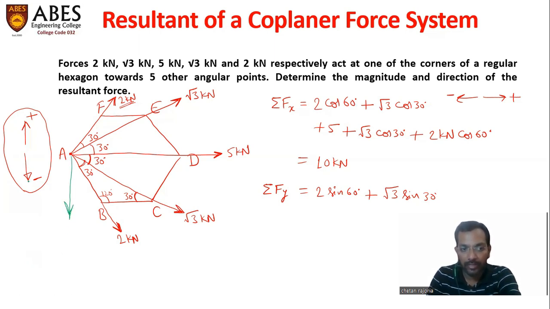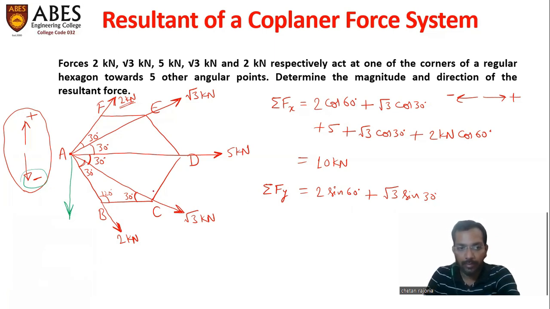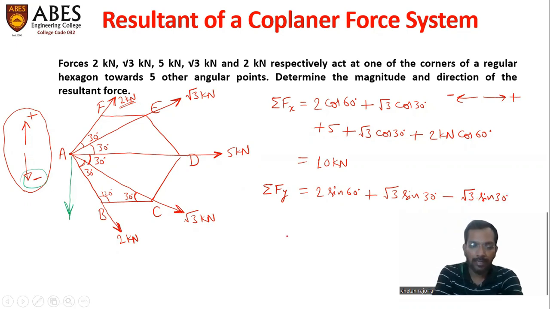And we are going to take downside as negative. So we will write the component of this force like this, minus √3 sine 30 degree, because the inclination is 30 degree with the horizontal. Similarly, the vertical component of this force is also going to be in the vertically downward direction.